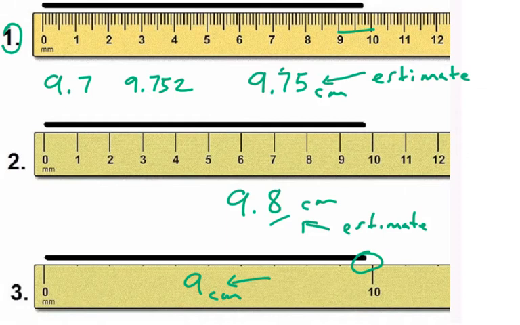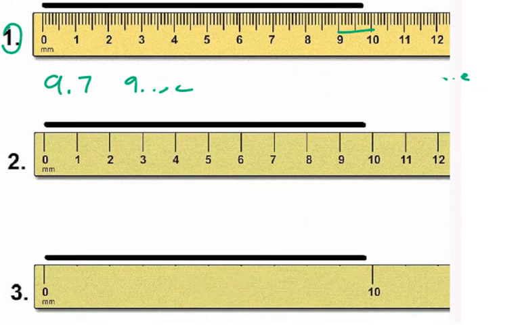Okay, so the question comes about, what if the line goes right to the number? I'll do it with number 2 in red. Say we have it going right to number 7.